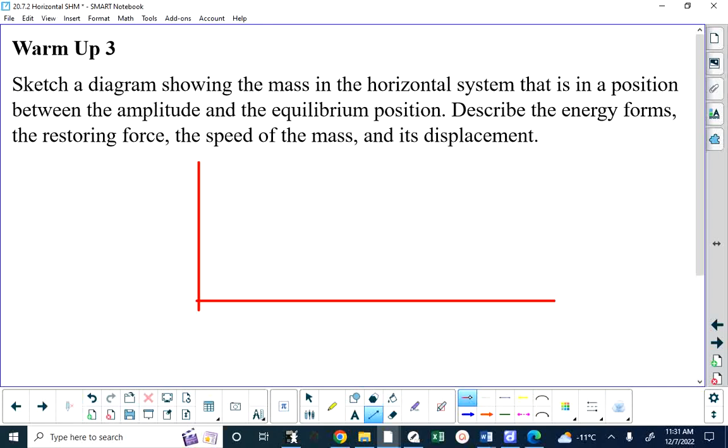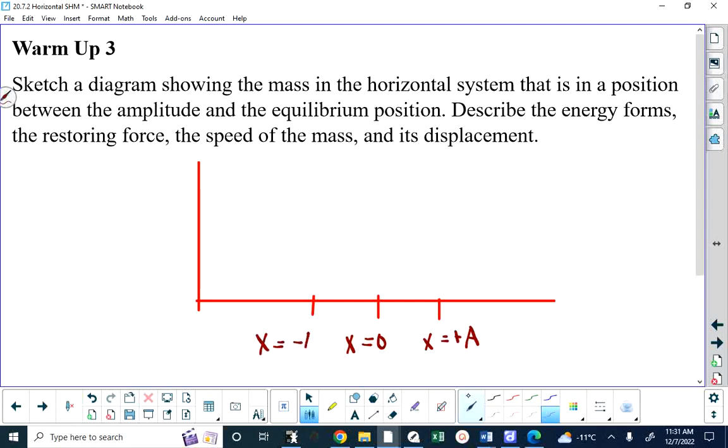And rather than drawing the box and the spring, what I want you to do is put 3 lines, one in the center, one to the left, and one here, that represent x equals 0, x equals positive A, and x equals negative A. I guess since I'm using positive and negative, x is a vector in this context. Are you with me on what those 3 positions mean?